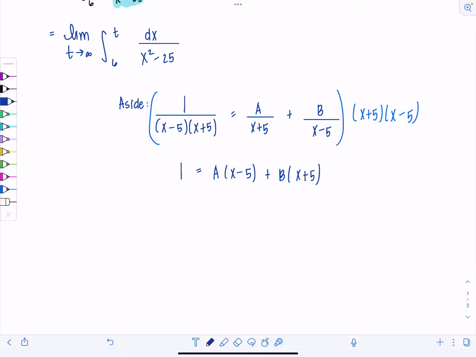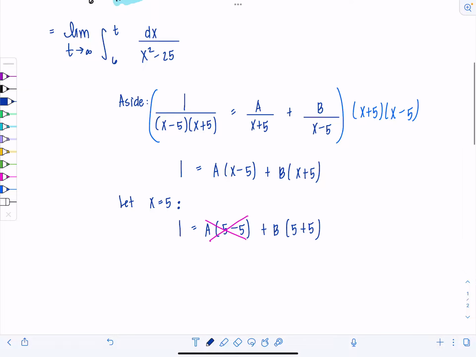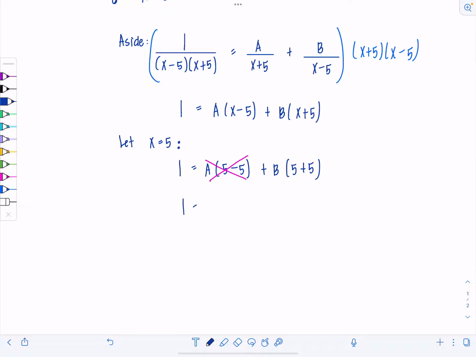Okay, and then let's let x equal 5. If I plug in 5 for x, I'm going to have 1 equals a times 5 minus 5 plus b times 5 plus 5. This term's just going to go to 0. So I'm left with 1 is equal to 10b. So b is 1/10.